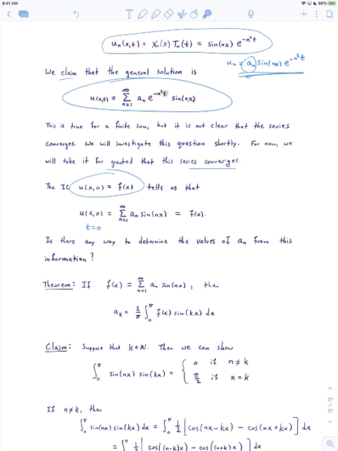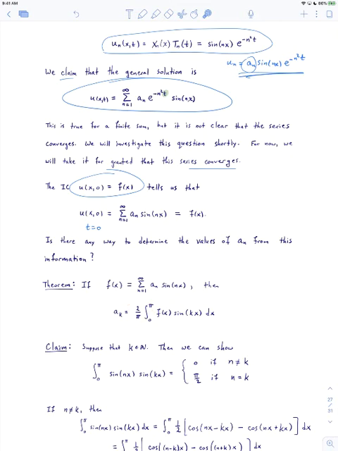So if you take f, multiply it by sine of kx and integrate from 0 to pi, you're going to pick off the kth coefficient. You'll get an extra factor of pi over 2, so you have to multiply by 2 over pi.